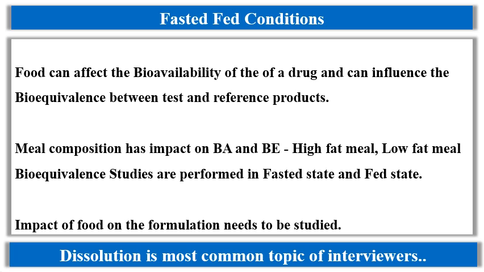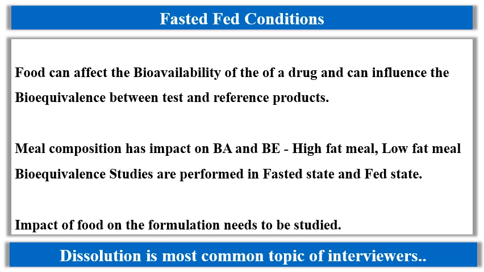Meal composition has an impact on BA and BE. High fat meals and low fat meals are used in bioequivalence studies to see the significant difference between test and reference formulation. And bioequivalence studies are performed in fasted and fed states for the same reason.